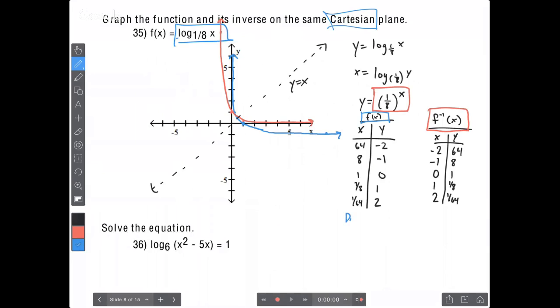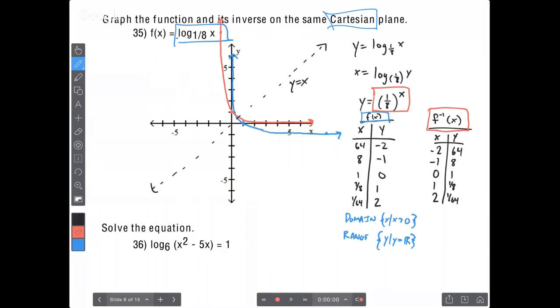So over here, domain is x such that x is greater than 0, because we can't take logs of negatives. And the range over here on the blue function is all reals. Y such that y equals all real numbers.